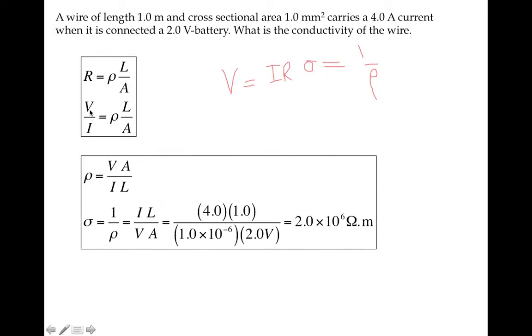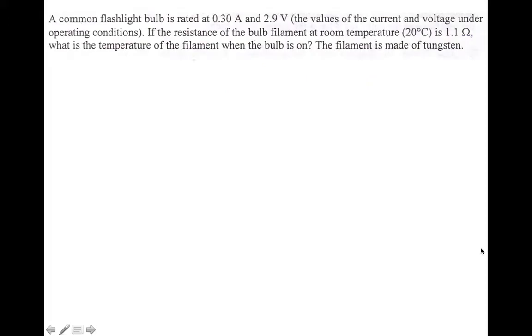So rho is equal to RA divided by L, and from here I can reverse it, and then it will be IL over VA to get the conductivity, and put in the numbers and you get that number for the conductivity.